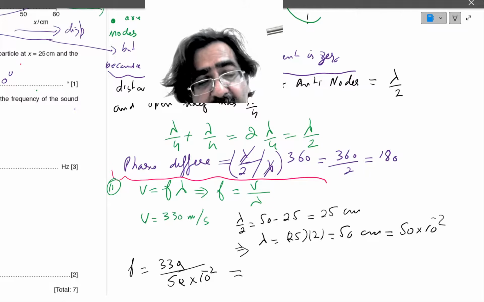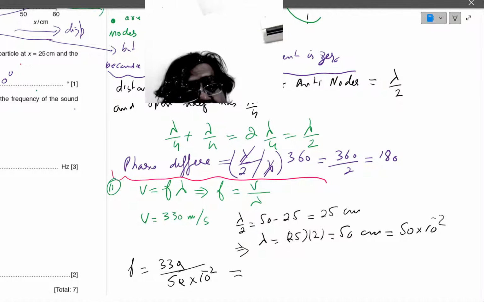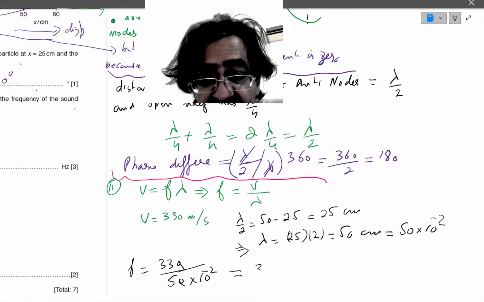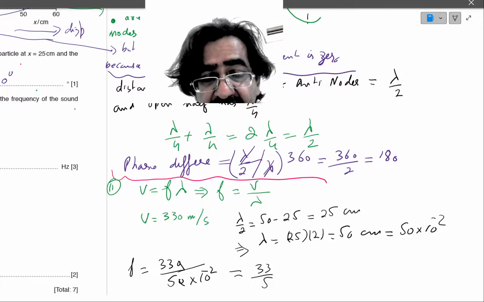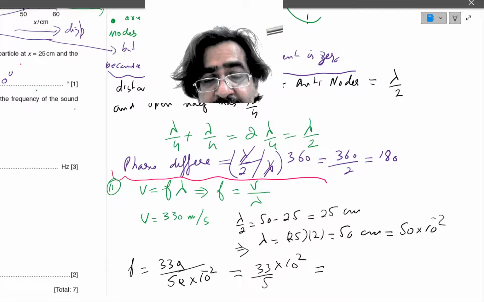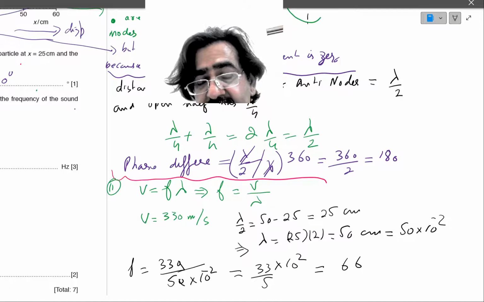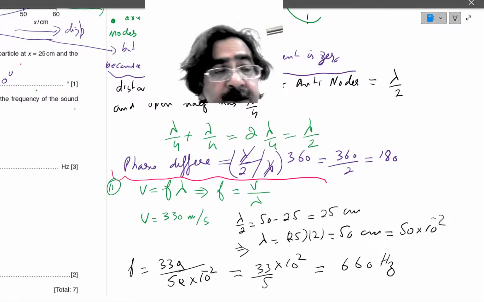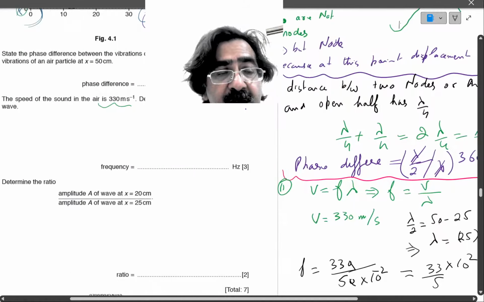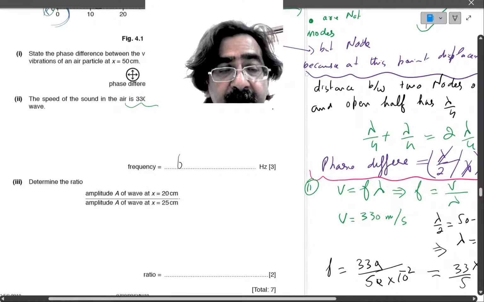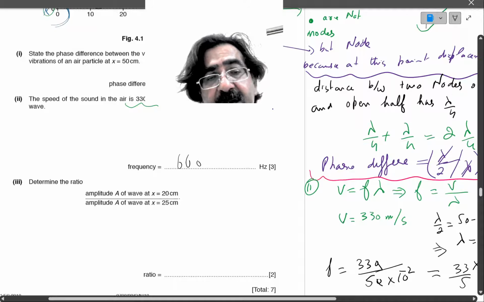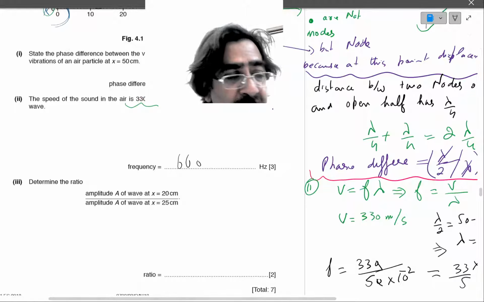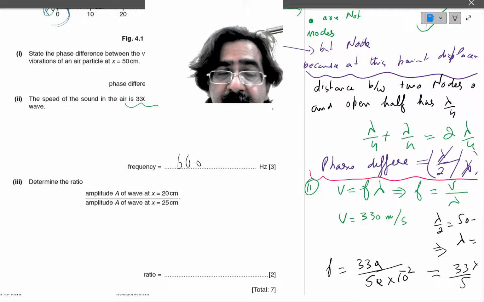So this will become 33 divided by 5, times 10 raised to power 2. That will become 660 hertz. Okay, so your answer should be 660 hertz.